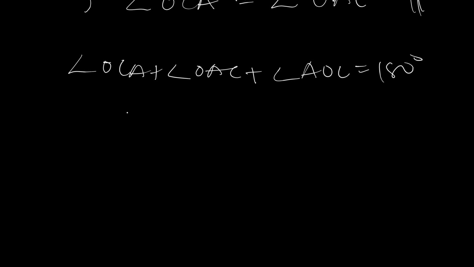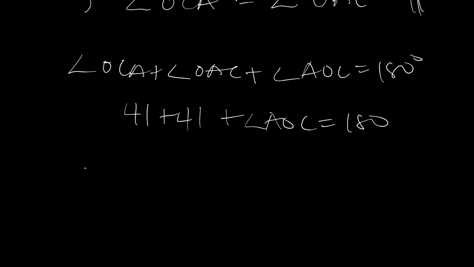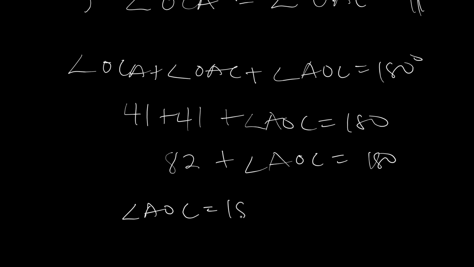So we say 41 plus 41 plus angle AOC is equal to 180. So 41 plus 41, we have 82. So 82 plus angle AOC is equal to 180. So angle AOC will be equal to 180 minus 82. 180 minus 82 is 98 degrees.